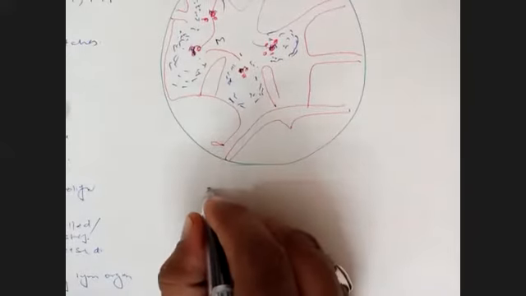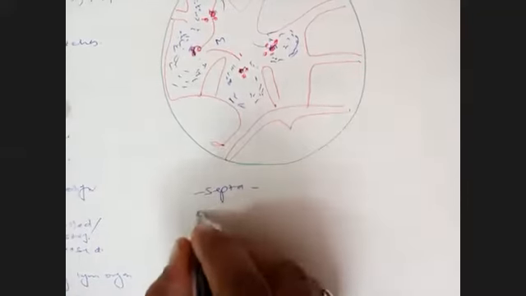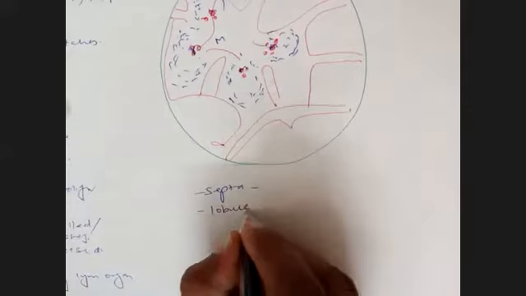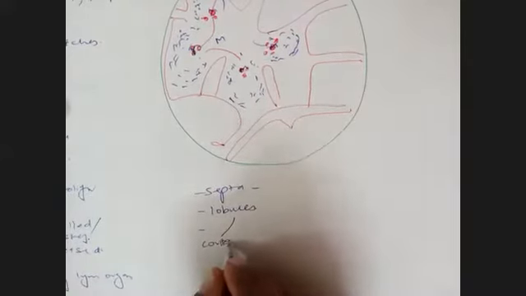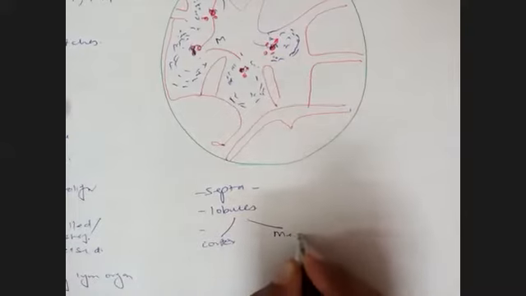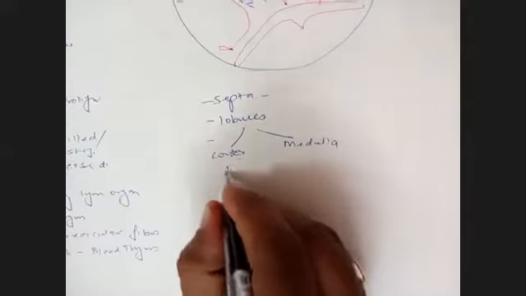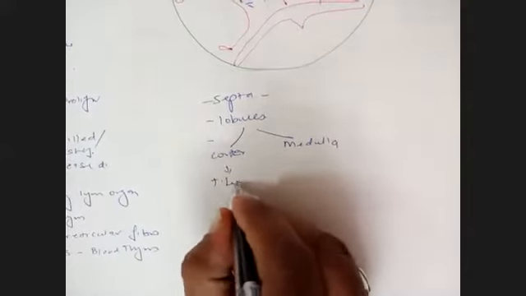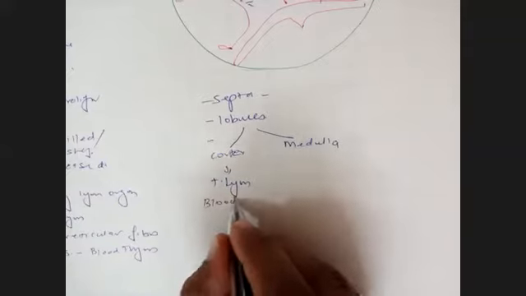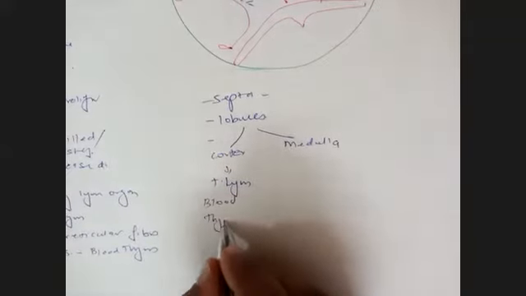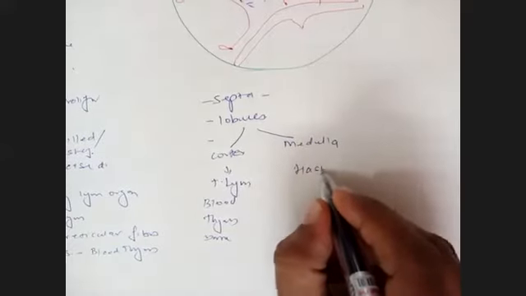There are septae which go from the capsule and divide it into lobules. Each lobule has an outer cortex and inner medulla. Medulla of various lobules is continuous with each other. Cortex has developing T lymphocytes, and there is the blood thymic barrier. And medulla has Hassall's corpuscles.